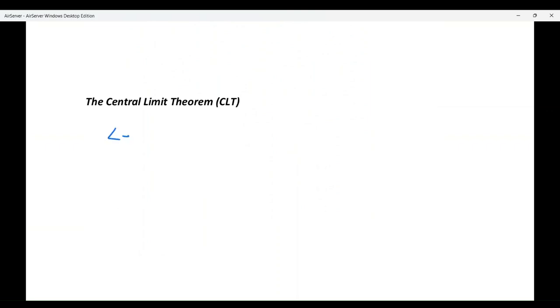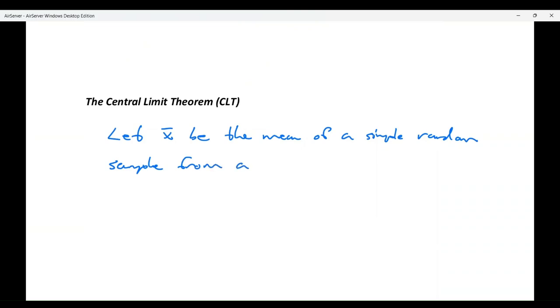It says let x bar, so the sample mean, be the mean of a simple random sample from a population with mean equal to mu and standard deviation equal to sigma.